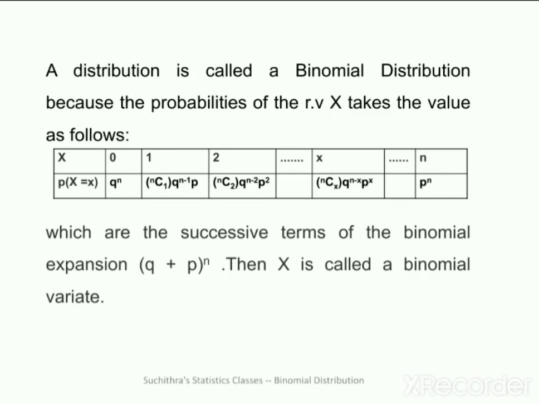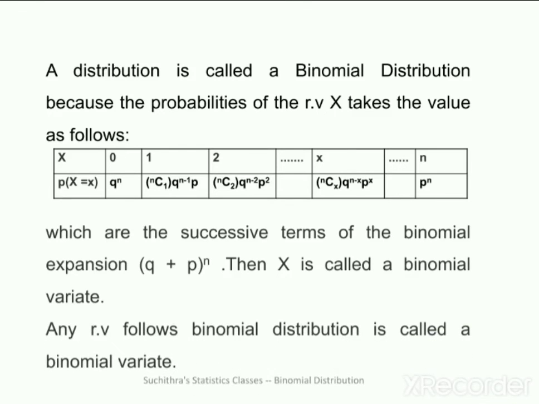If x equal to small x, it is nCx q raised to n minus x p raised to x. If x equal to n, it is p raised to n, which are the successive terms of the binomial expansion q plus p raised to n. Then x is called a binomial variate. Any random variable that follows binomial distribution is called a binomial variate.